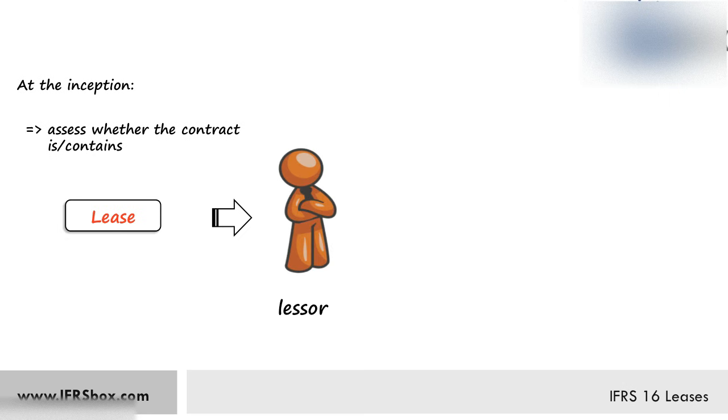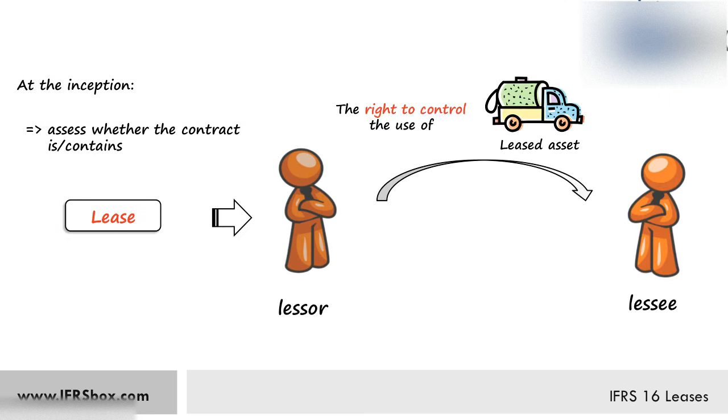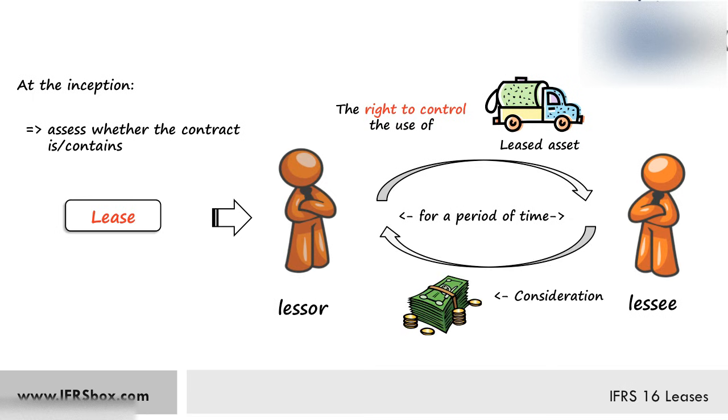A contract contains a lease if it conveys the right to control the use of an identified asset for a specified period of time in exchange for consideration. And then the standard clarifies how to determine the lease term, how to separate non-lease components and other issues.